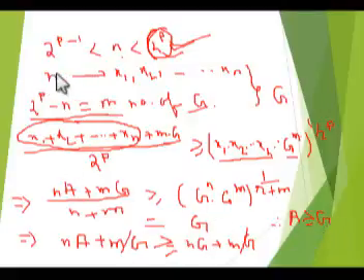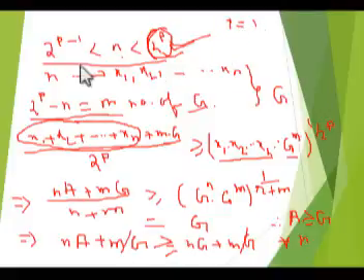Now we have a relation, and this is true for all n. So here we are finding that if we put p equal to 0, 1, then when we put 1, we will get that n belongs to 1 or 2.